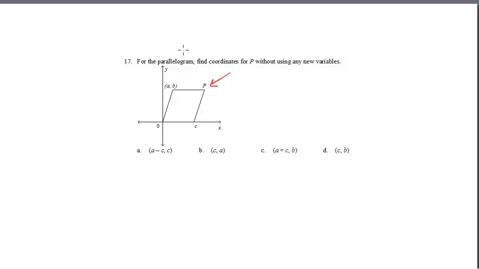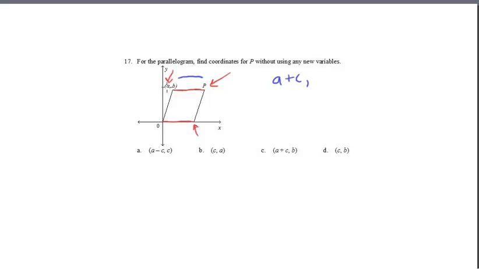Okay, and we know it's a parallelogram, so we know that this is the same distance as this. So what's that tell us? Well, that tells us that our x-coordinate A plus our x-coordinate here of C. To get from this point to this point, we're going to have A plus C. That'll be our x-coordinate.